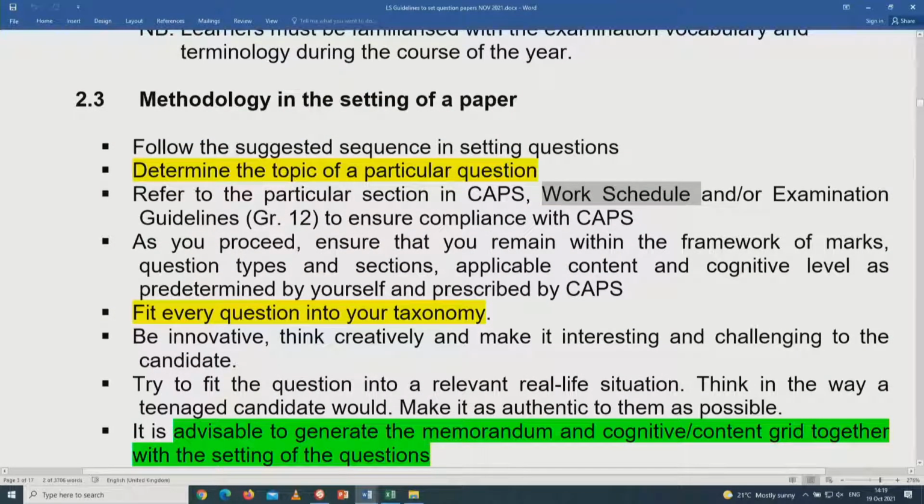Now, a good thing is to sit down, get yourself a rough piece of paper, and just draw a rough program or a skeleton for yourself on your paper.